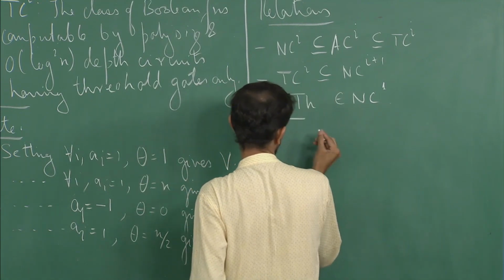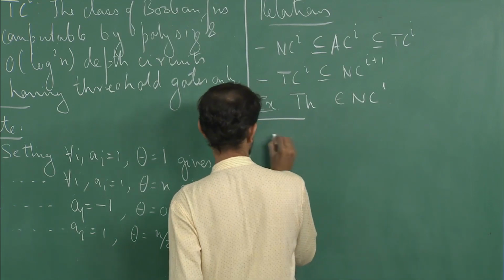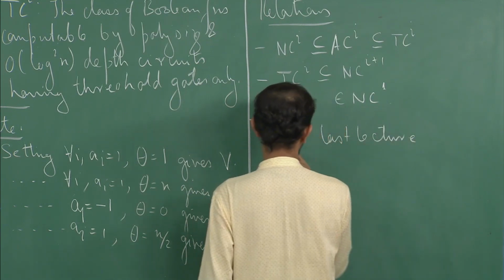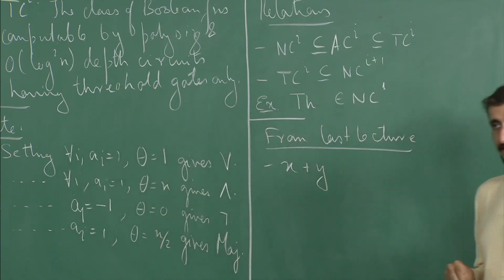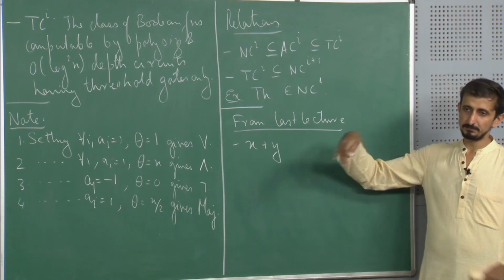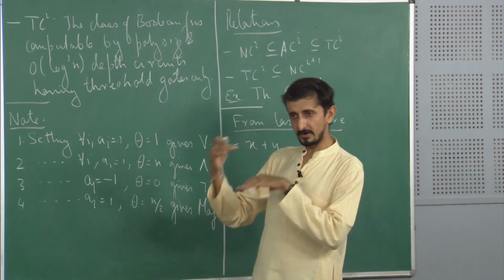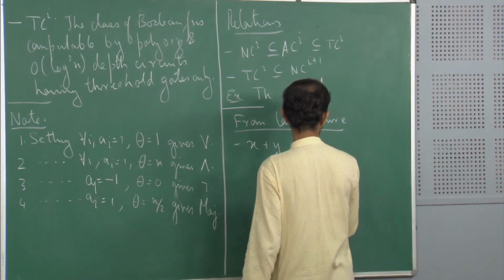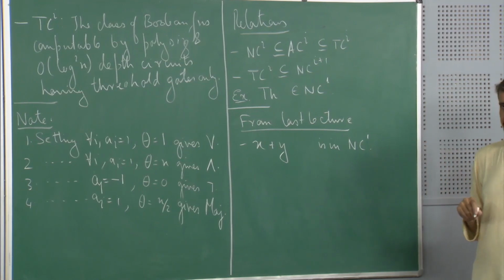We saw that given two numbers x and y, we can do x plus y using the parallel prefix sum method with a bounded fan-in circuit, a circuit which uses only AND, OR and NOT gates, having log depth and linear size. So this can be done in NC1.